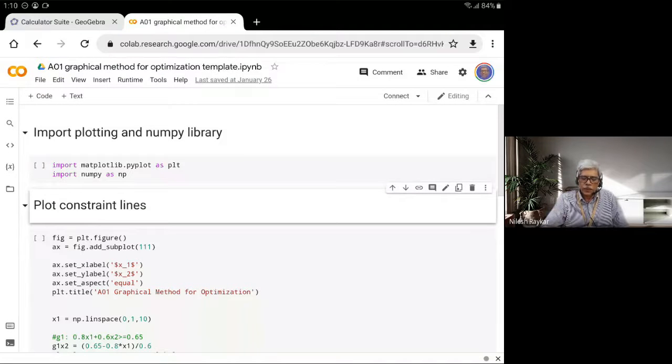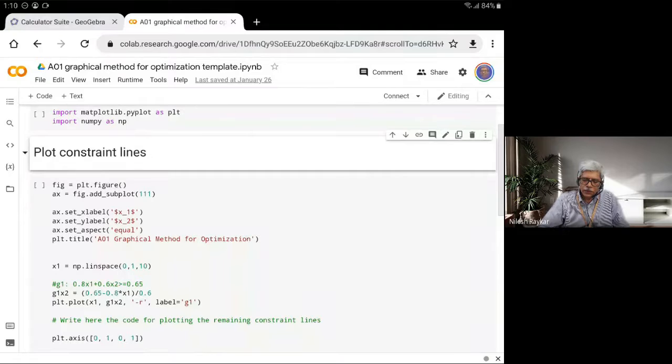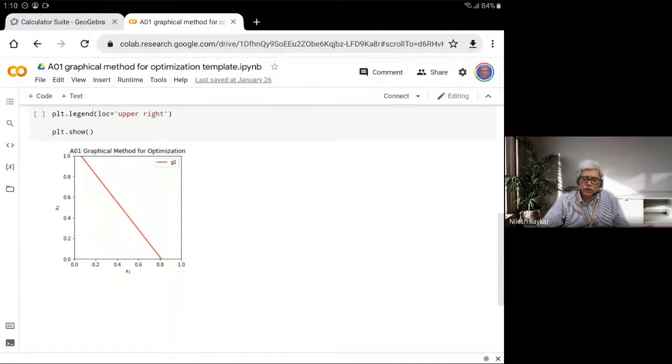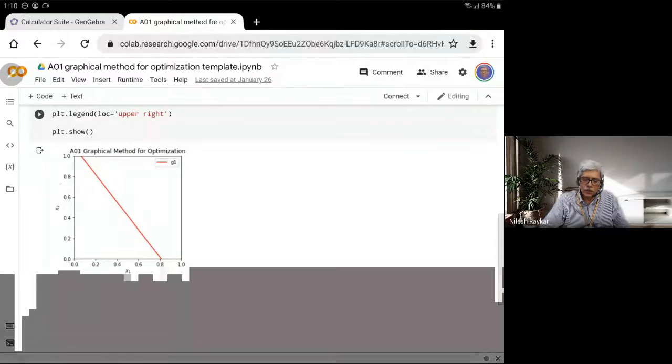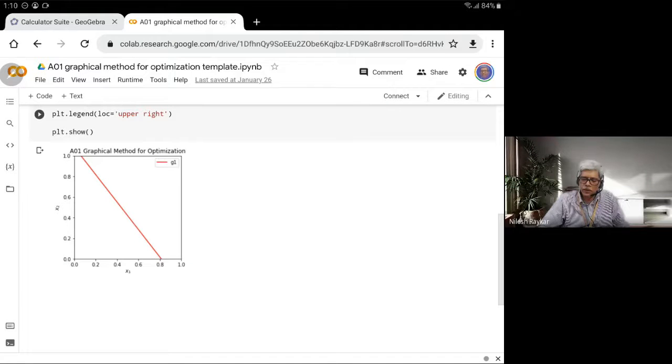Once you have the template, I think you may not be able to read this on the screen. What I have given is the structure by which you can create a plot as shown here below. On the x-axis you have the x1 variable, on the y-axis the x2 variable, and just one constraint line has been drawn there.